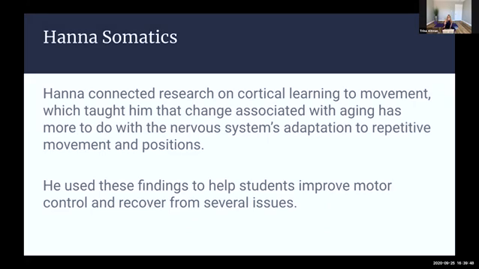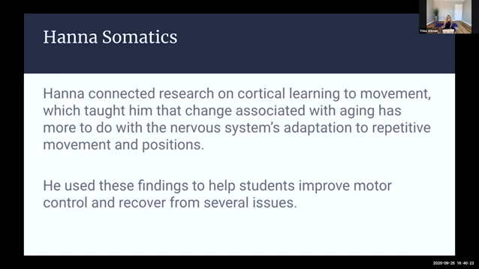He connected research on the brain to movement, which taught him that the change associated with aging, this idea that your brain is set, that there's no neuroplasticity once you get older and you can't learn new things, which was what people thought, has more to do with adapting to repetitive movements and positions than with aging.